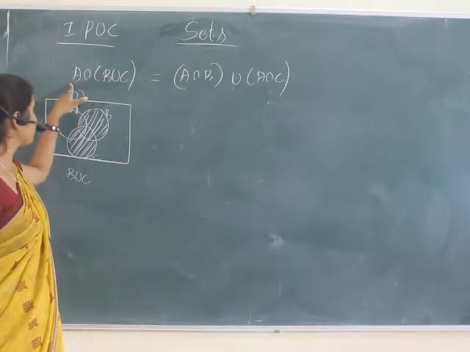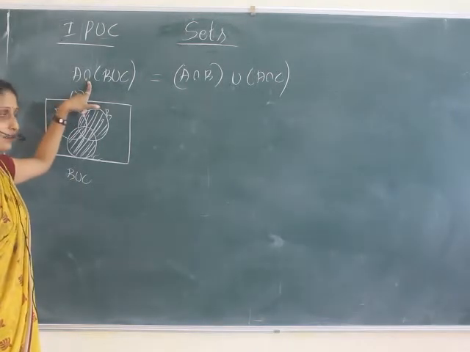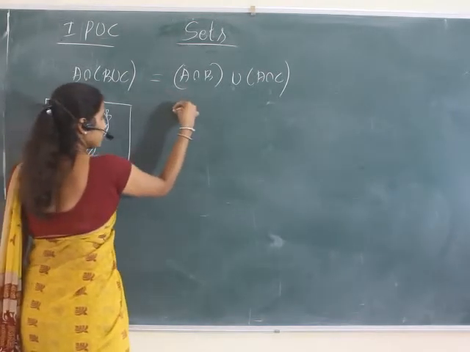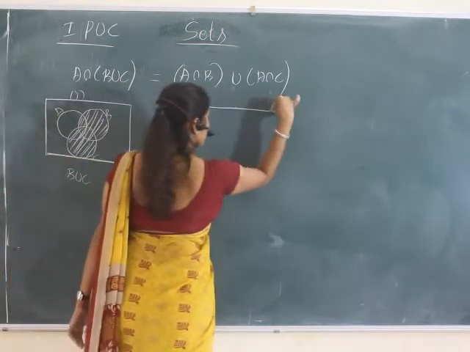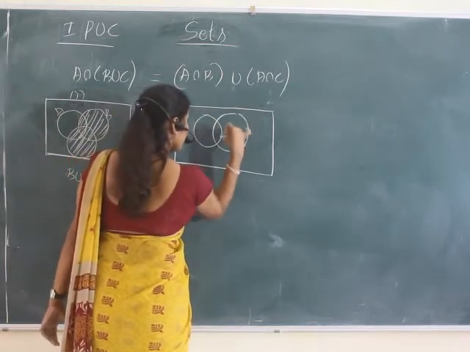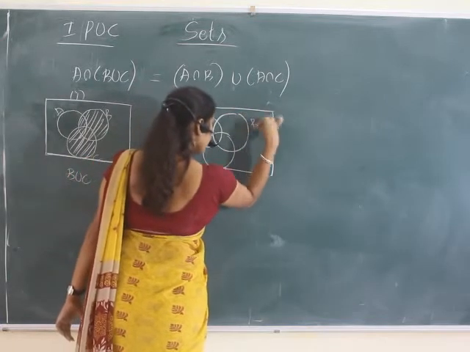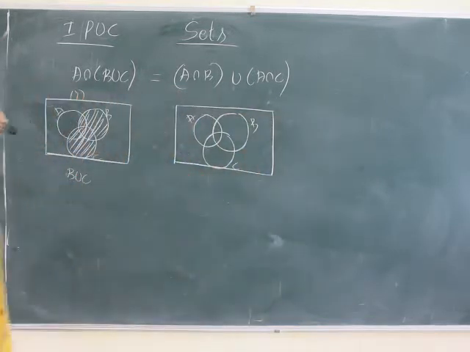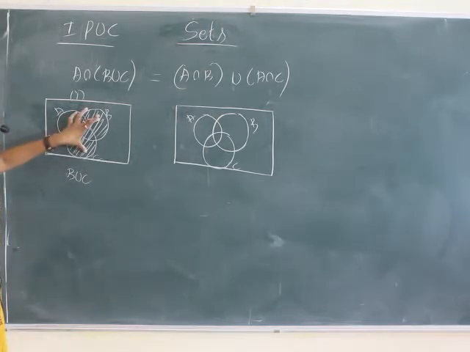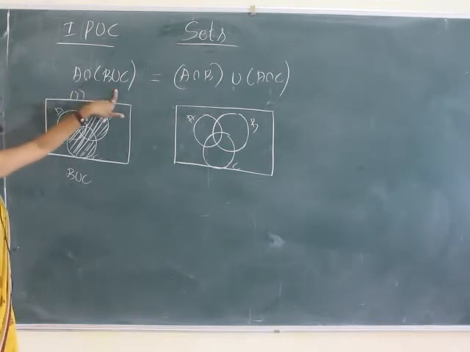In the next one I have to show A intersection B union C. So it is A, B, C. We are taking three sets now. Now B union C intersection with A means the common element between them.